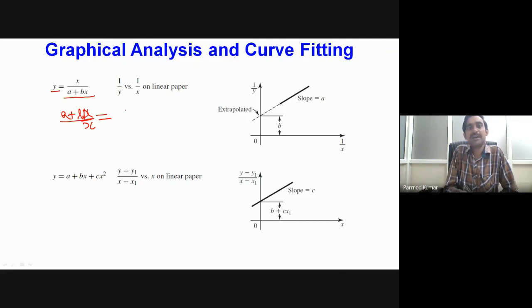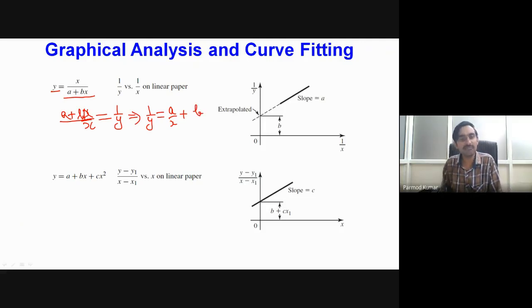So a plus bx by x will become nothing but equal to 1 by y, and finally we will get 1 by y is nothing but equal to a by x plus b. So once again, this equation has become identical to that of the straight line if we take our abscissa as 1 by x and ordinate as 1 by y.